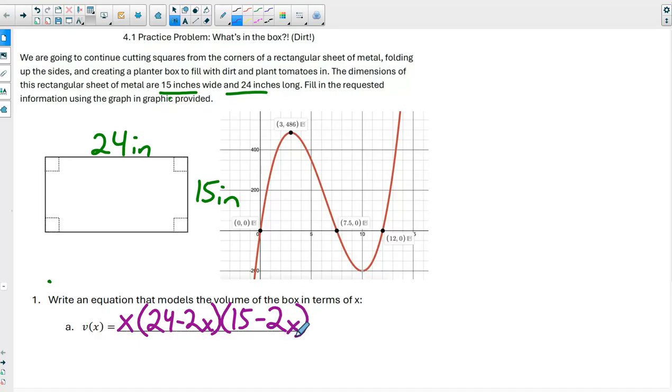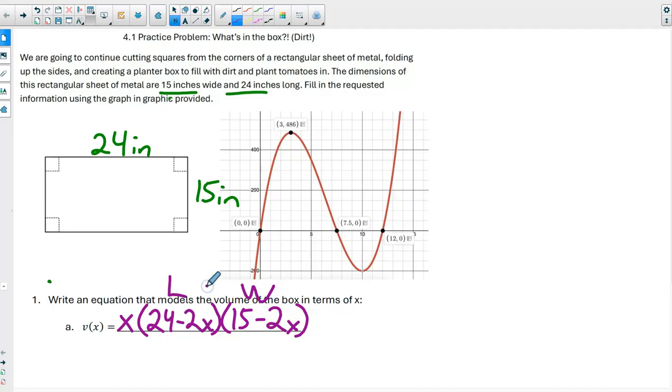What does x represent for this problem? Length, width, or height? The height. Okay. So what's this representing? 24 minus 2x. The length. This 15 minus 2x is representing our width.